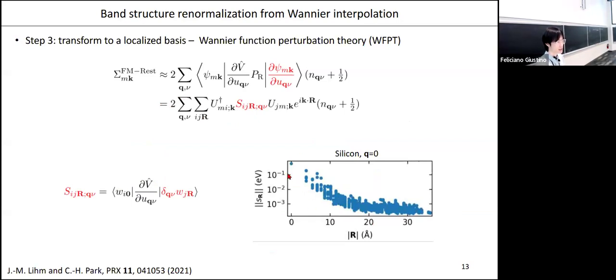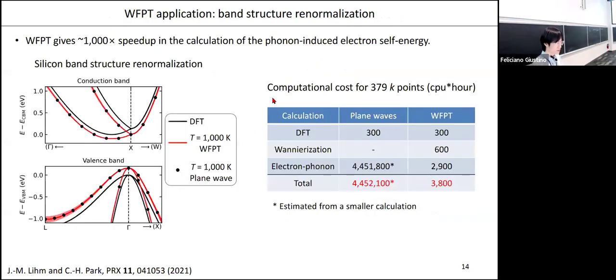As this plot shows, this matrix element indeed decays rapidly by several orders of magnitude in real space, ensuring that this Fourier interpolation is accurate. And by adding the active space van Migdal self-energy, which can be calculated using ordinary Wannier interpolation, and also the Debye-Waller self-energy, which also can be easily Wannier interpolated, we get the full electron self-energy using only Wannier interpolation.